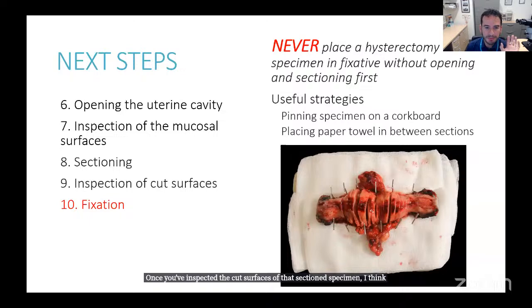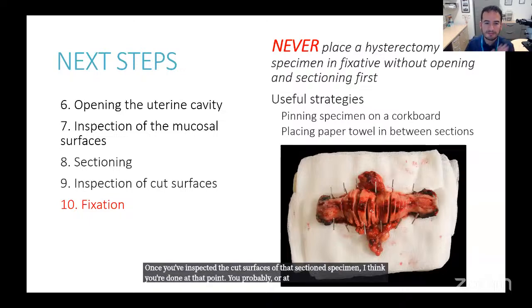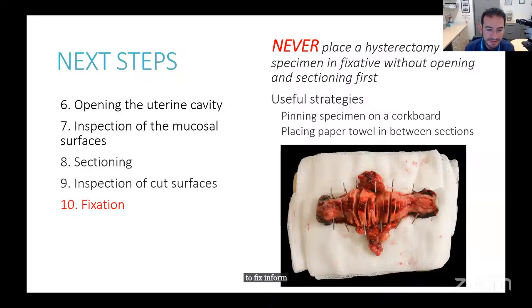At that point, at least in our practice, that's when we put the specimen to fix in formalin. Some practices will proceed to sectioning and taking the sections right away, and that's completely fine. In my practice, we place the uterus in this open and sectioned state on a corkboard, and we proceed to fixation in formalin.